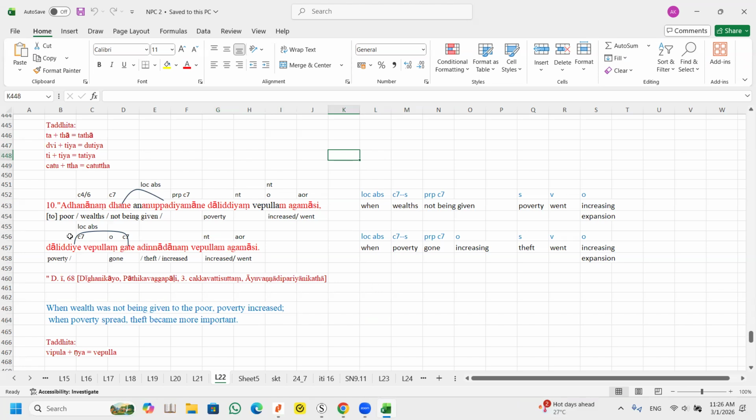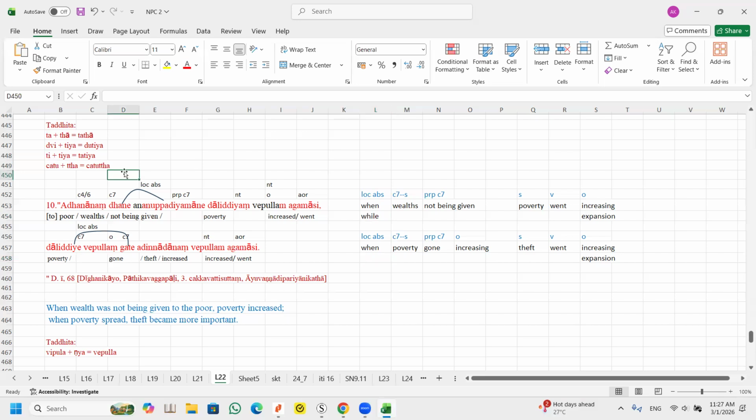Okay. So now that we do number 10, you can see that this is a "while". Can you see that this is a locative? Can you see C7? That means this verb "dane" in "while" must be translated as a subject.